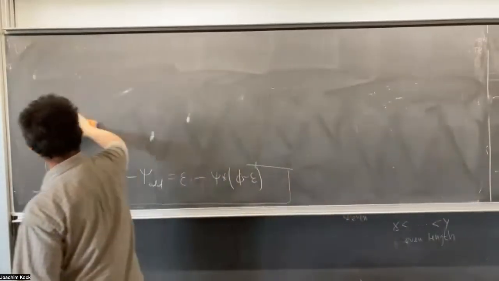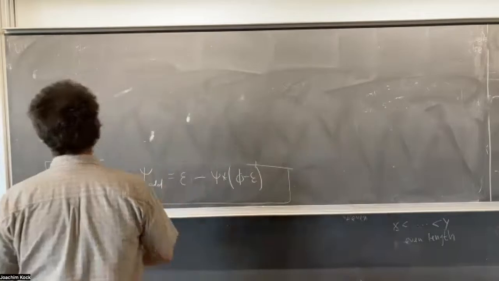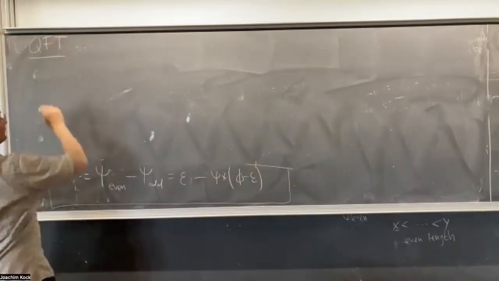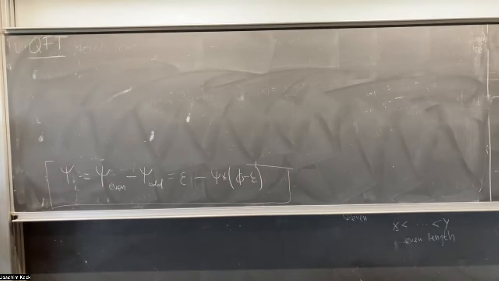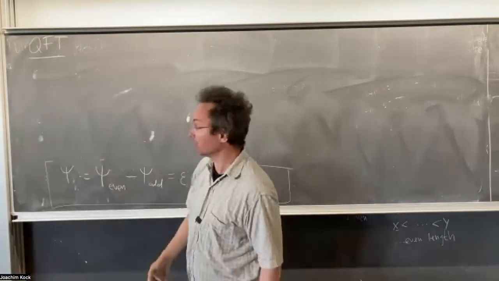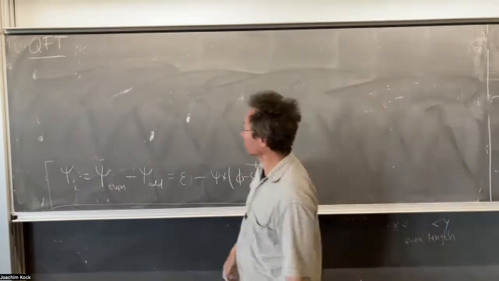And I will see if I can keep this formula. So I don't know much about quantum field theory. What I will tell you is really a cartoon of some of the algebraic structure.